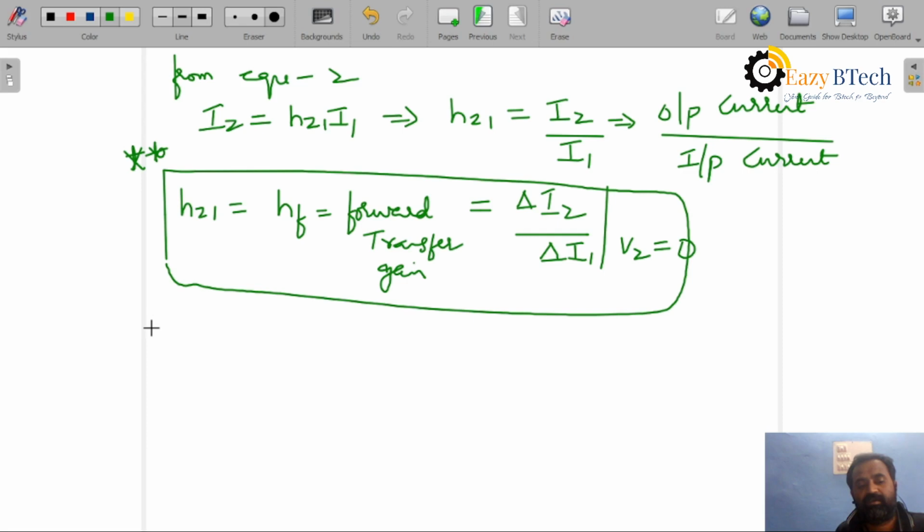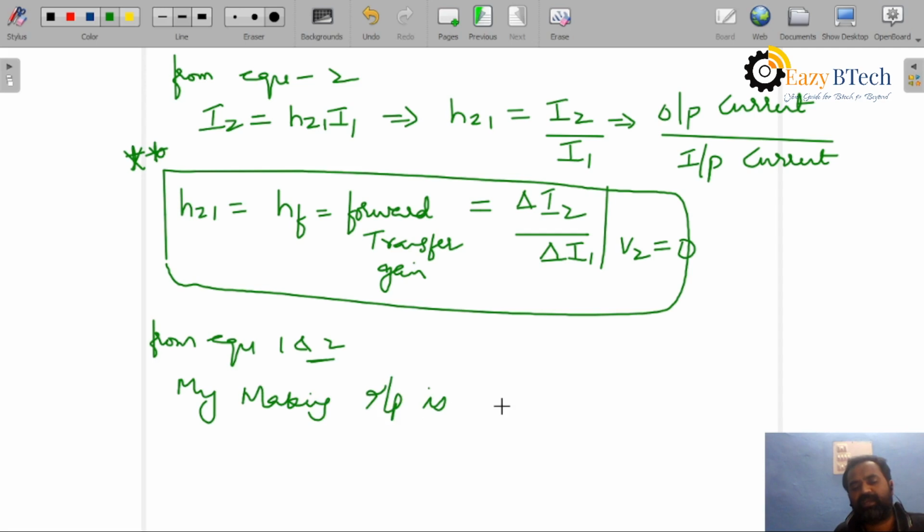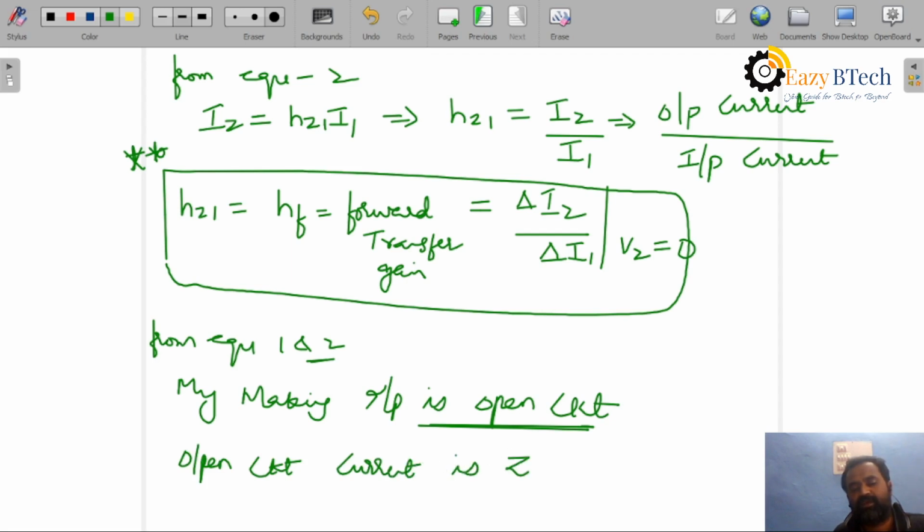Next, from equations 1 and 2, by making the input open circuit.